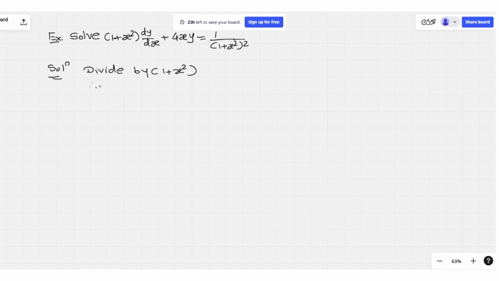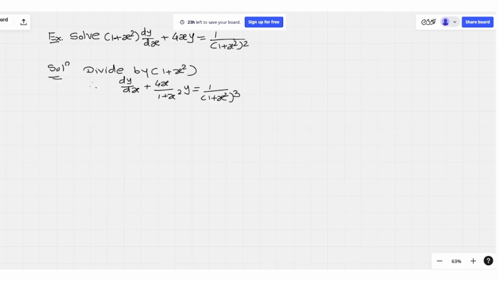Therefore, our differential equation is dy by dx plus 4x divided by 1 plus x square into y is equal to 1 upon (1 plus x square) whole cube.